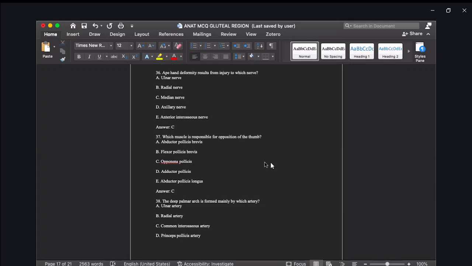We have a question on the gluteal region, and we are talking about questions for the upper limb today. Yes, I'm a bit confused about that artery, especially the superficial branch innervating.